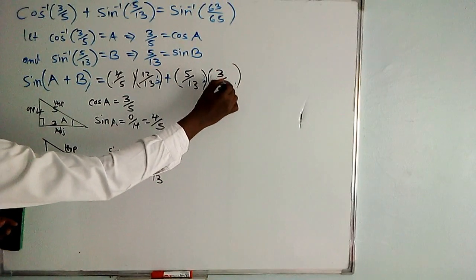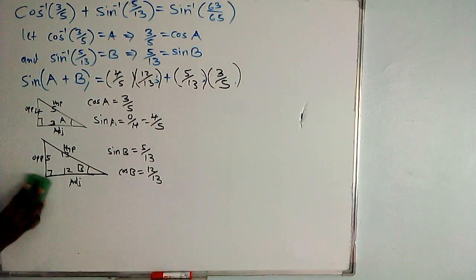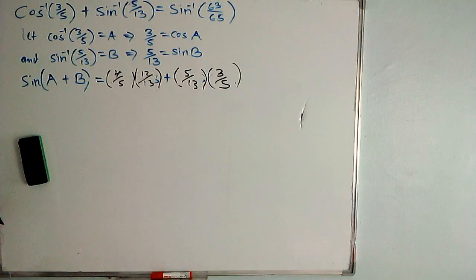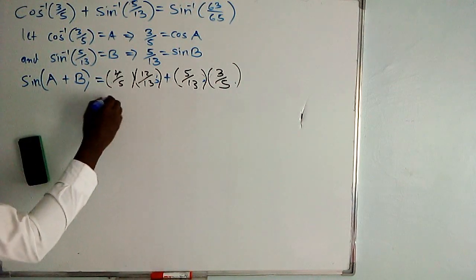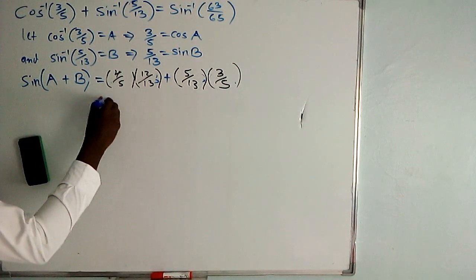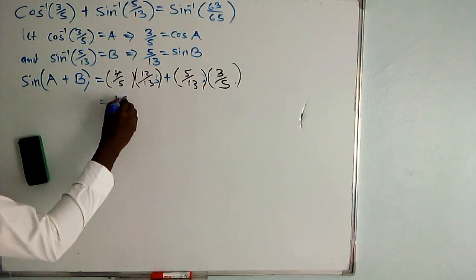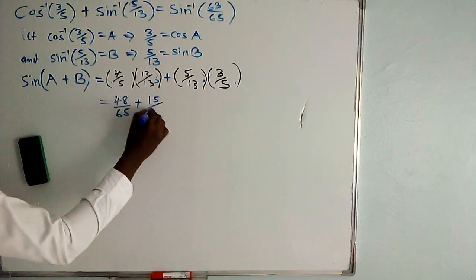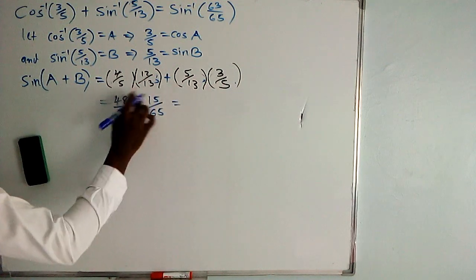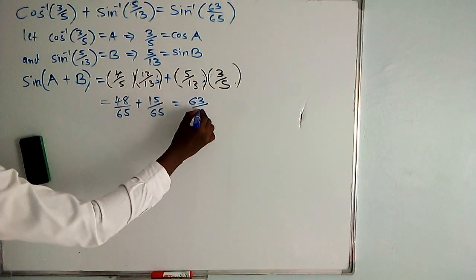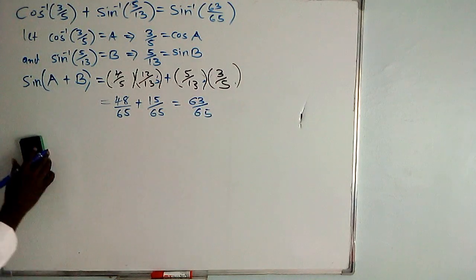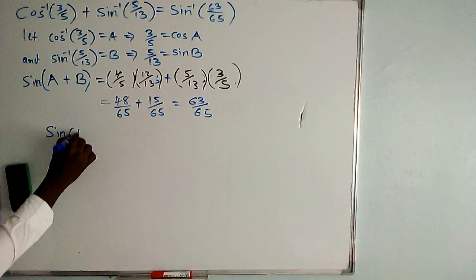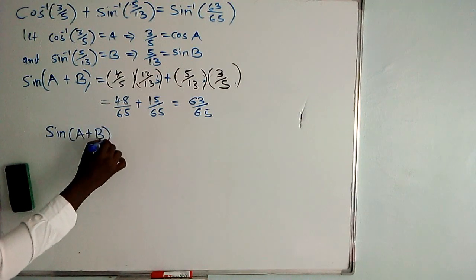Using a calculator: 4 over 5 times 12 over 13 is 48 over 65, plus 5 times 3 is 15 over 13 times 5 is 65. The common denominator is 65, and in the numerator 48 plus 15 is 63. So sine (A plus B) is equal to 63 over 65.